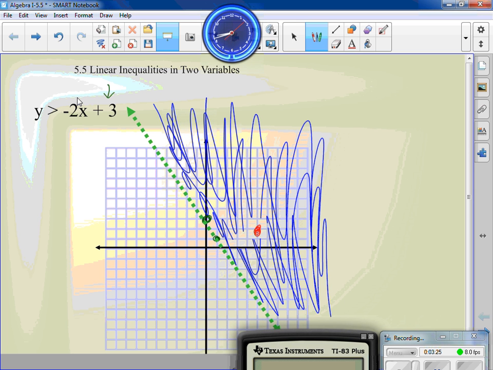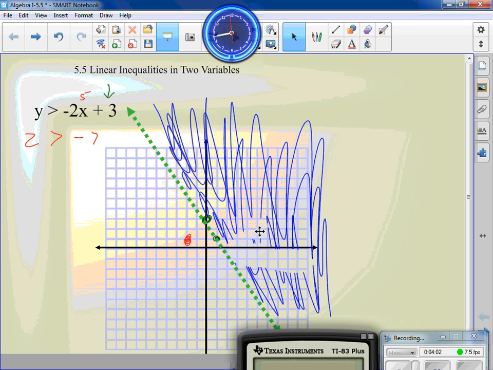If I put 5 in for x, what's negative 2 times 5? Negative 10 plus 3 is negative 7. So I have negative 7. What's my y value here? It's 2, which is greater than negative 7. Yes, it works. Anything that's in this shaded region will work.